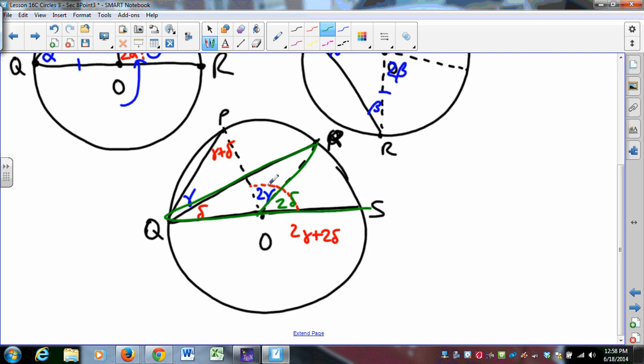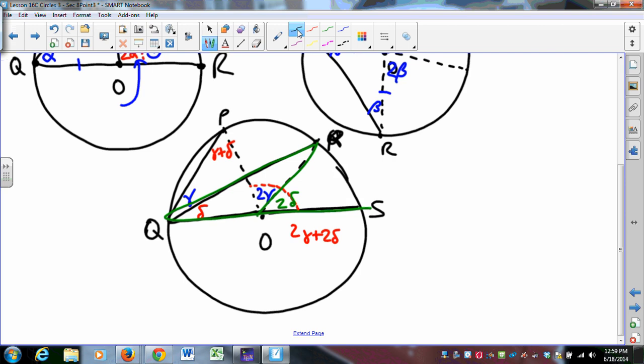And so this has to be 2 gamma, and we're done. So the whole idea that an inscribed angle is half in measure of its corresponding central angle is a fairly big deal. We exploit that in our future.